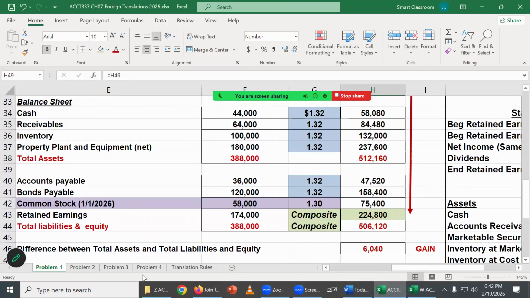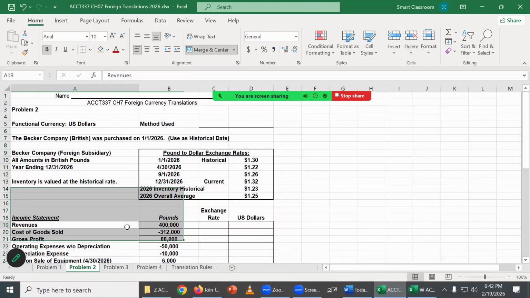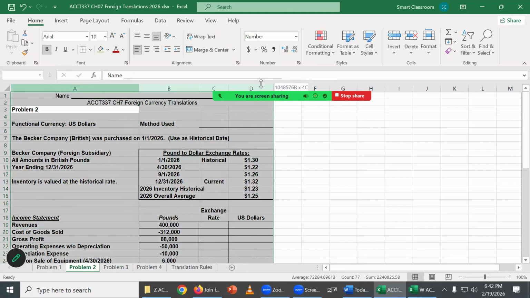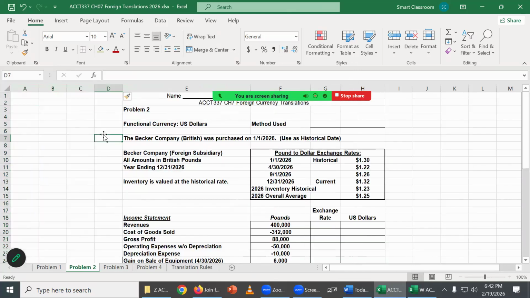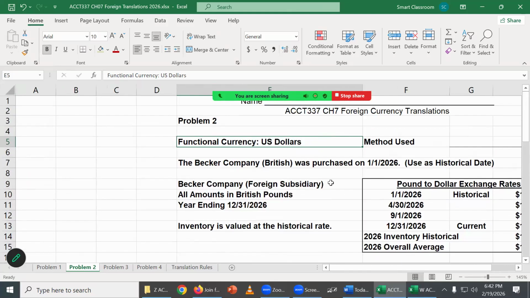All right, let's go to the next type of problem we're going to have, and that is on page 2. Notice that the functional currency is in US dollars.